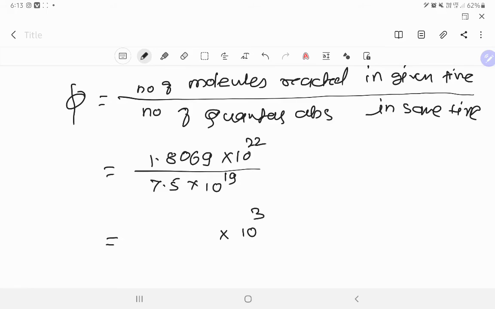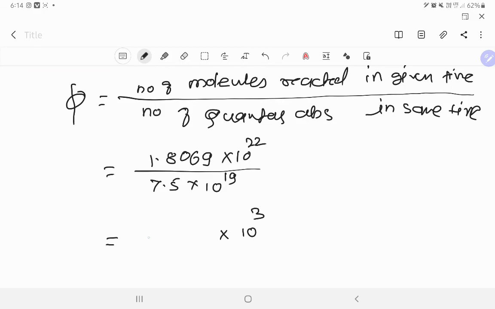Okay, now take the ratio: 1.8069 divided by 7.5.